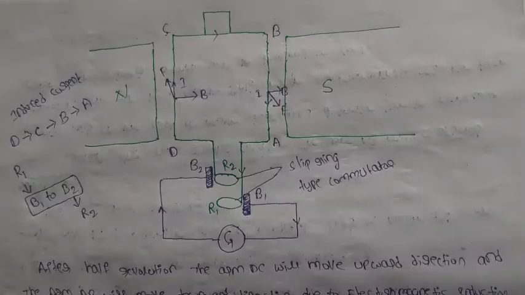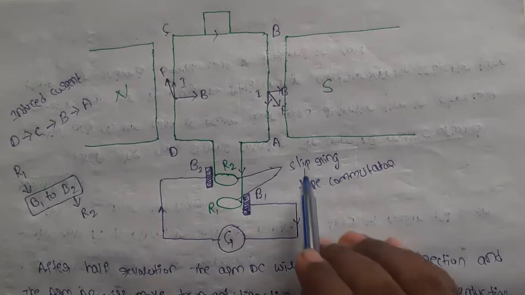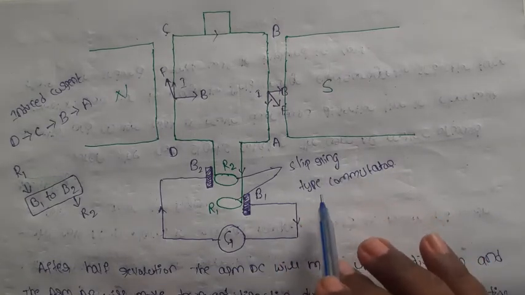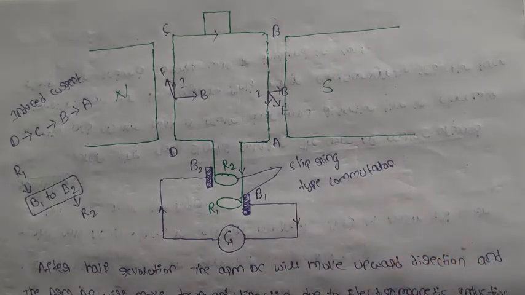Suppose I am replacing the slip rings with split rings, or we called them semicircular rings. What is going to change in the generator?